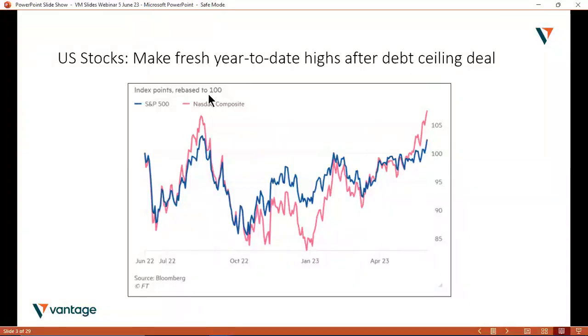This is rebased, as you can see, to 100, going back to sort of June 2022. So you can see the thick blue line is the S&P 500. So that's the benchmark, broader blue chip index. And then the NASDAQ is obviously full of tech-laden companies. It is growth tech companies mainly. Predominantly dominates the NASDAQ, and certainly the mega caps as well in there.